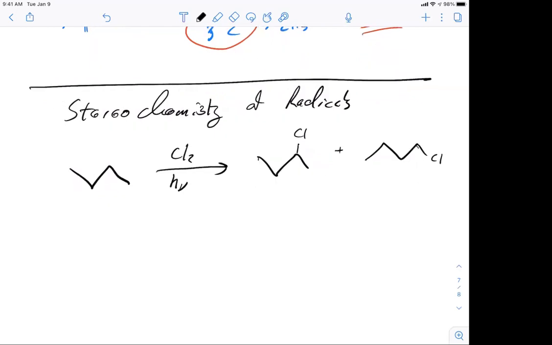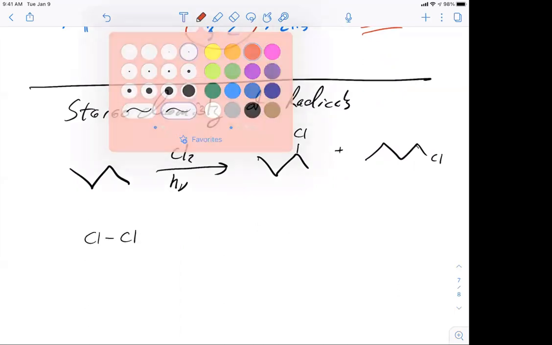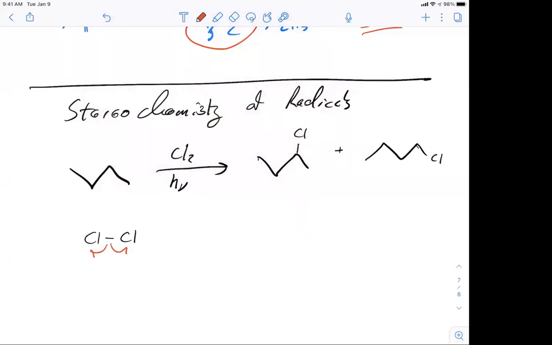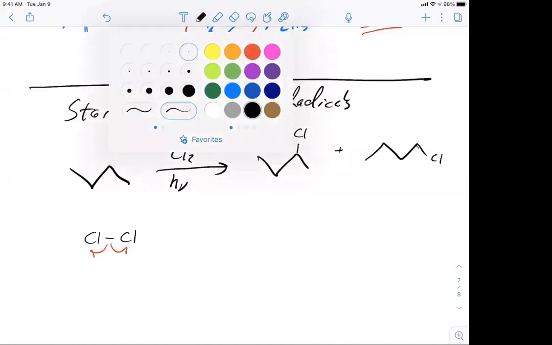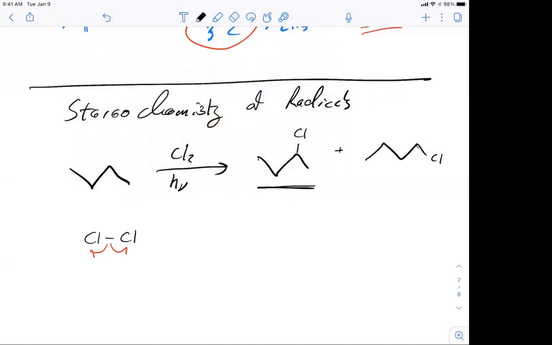So if we look at this reaction, where we're going to end up is we've got the chlorine to chlorine. We form the radical. And we're going to focus for stereochemistry on this one. So that gives us our 2 radicals. This would be known as the initiation step.